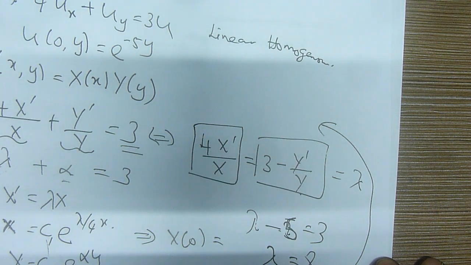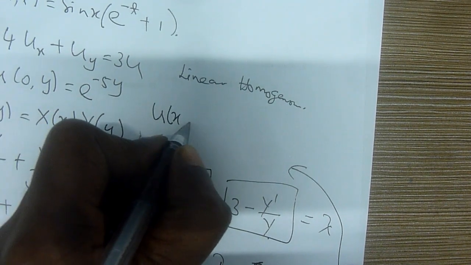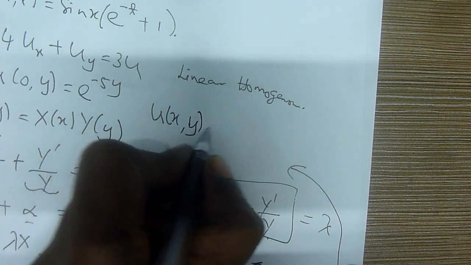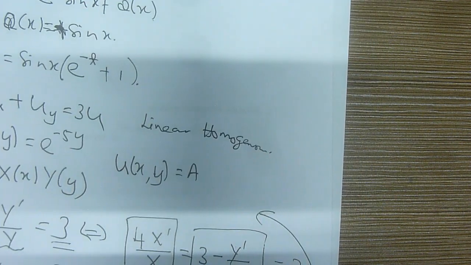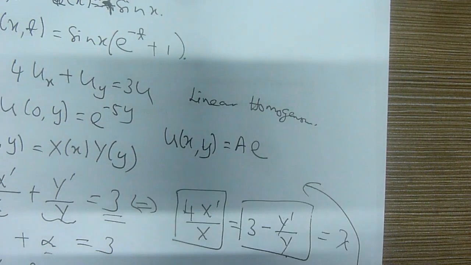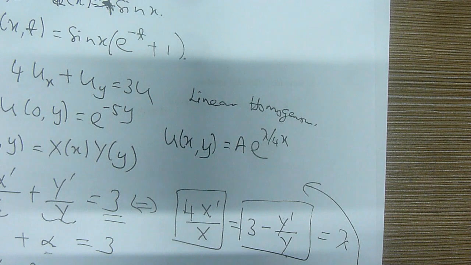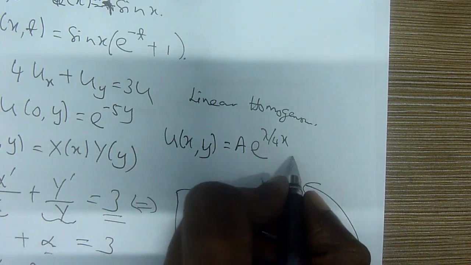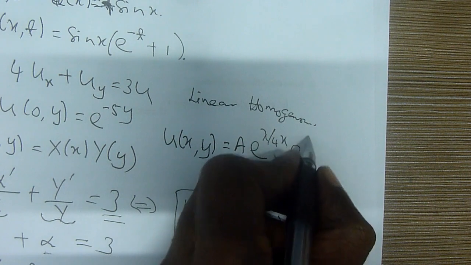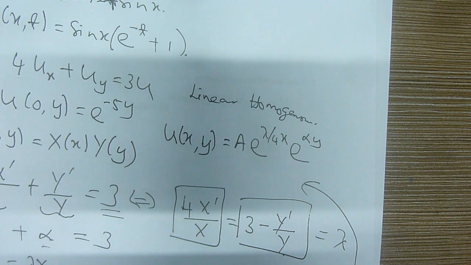The combination will be like this, okay. Therefore the equation for this is u(x,y), remember, the combination of these two, I get e^(lambda 4x) e^(alpha y), okay.